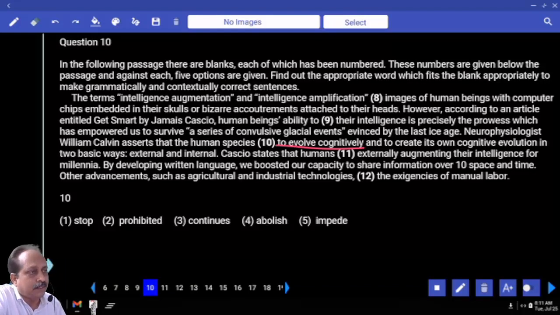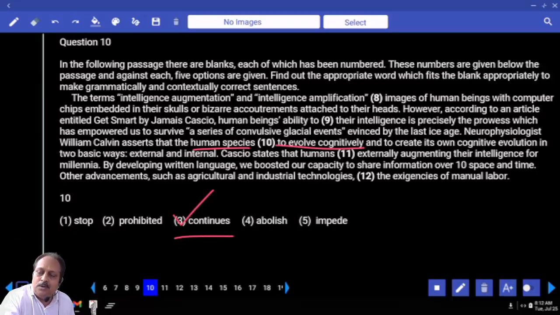Or is it a fact? It's a fact. For a fact, which tense do you use? Present tense. And the subject is human species, underline. Singular or plural? Singular. With a verb in the present and a third person singular subject, what are you supposed to add? S or ES. How many options have S or ES? Only one option. Based on that, what is the answer? Continues to evolve cognitively, meaning intellectually.